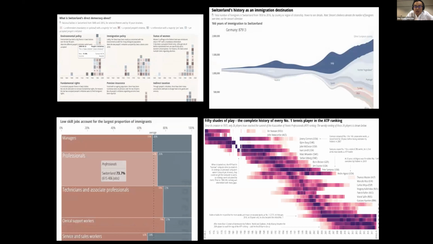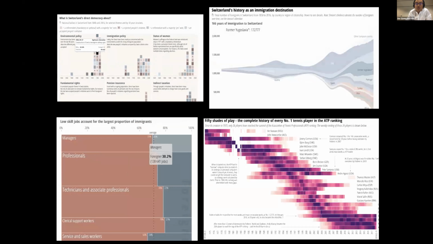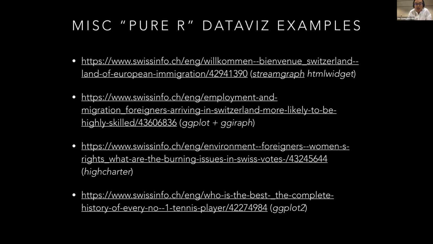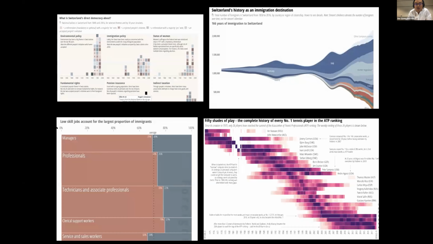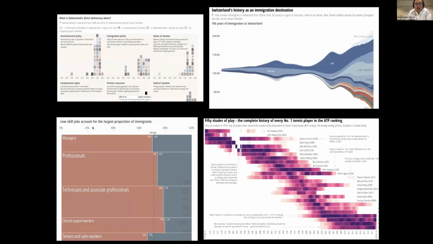Now I do that less because I have very good colleagues who can do front-end development. But I've put some links as examples. I would say that in the past I used a lot of HTML widgets and Highcharter. It's the R wrapper for Highcharts. You can do quite a lot of nice things with it.